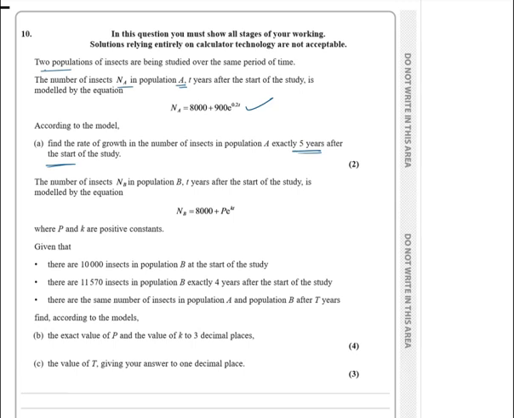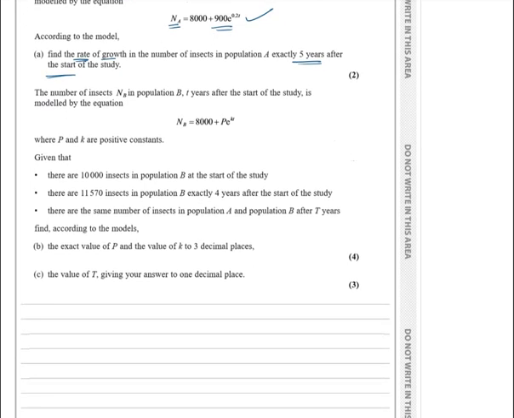I started the rate of growth. The rate of growth here, we are talking about dN/dT. Let us see how to get dN/dT. So our N is 8,000 plus 900 e to the power of 0.2T. That means dN/dT is equal to, this is a constant, so that goes away.